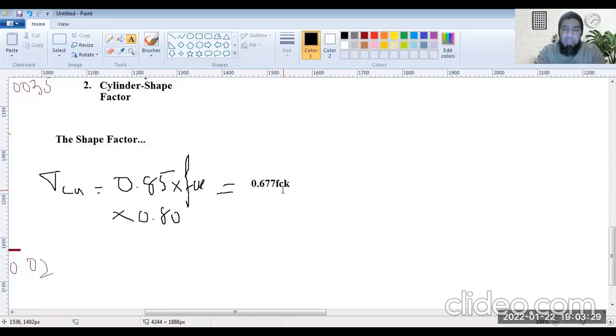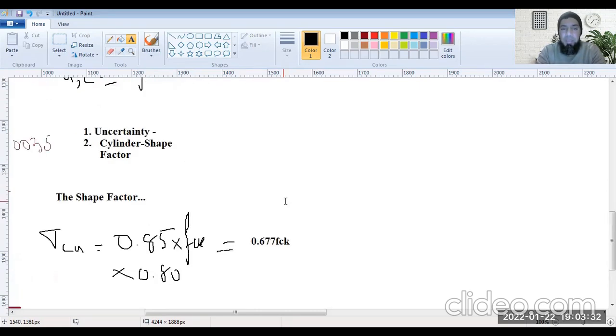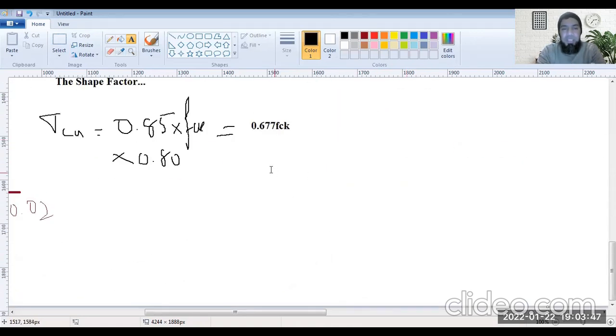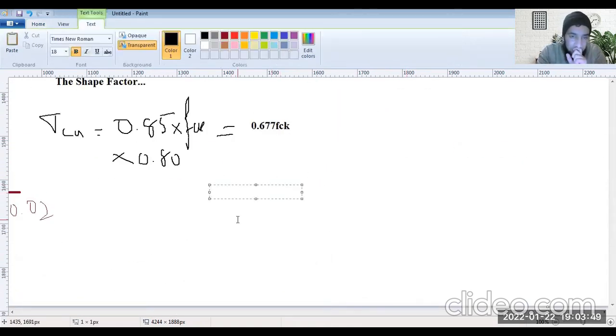The value of the compression strength, if we are keeping it lesser than what it actually is, उसका ये मतलब है, because we are designing it, so for design purposes we are incorporating both uncertainty. We do not want it to cross this value now, 0.677 FCK. So now there is one more thing, which is the material partial safety factor.